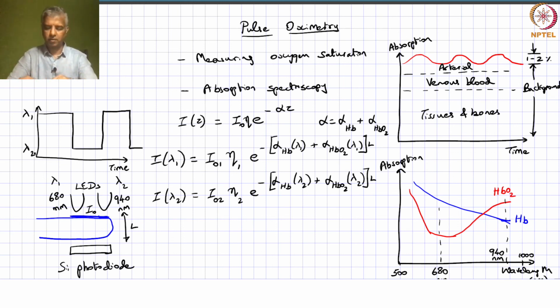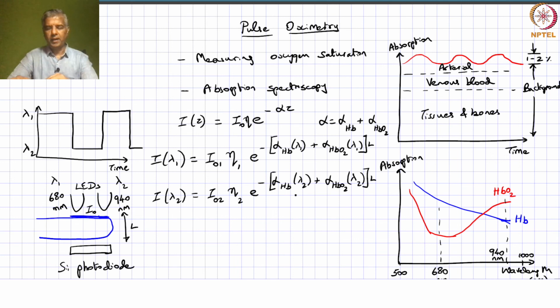So, you can switch back and forth, you can turn on or off one of the LEDs at a time. Okay. And of course, during that time you can make this measurement with lambda 1, which is what this measurement is, and then the next time slot you're turning on this LED and making a measurement corresponding to this.